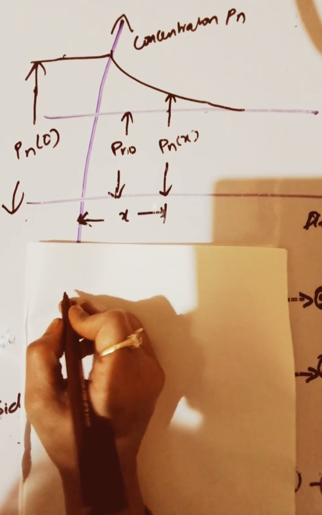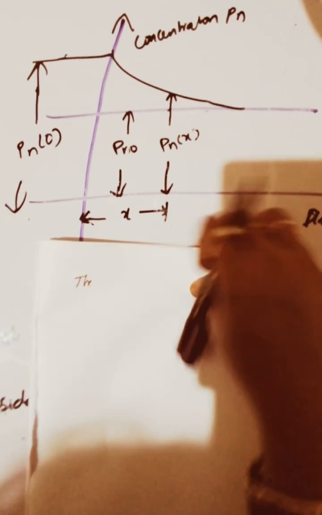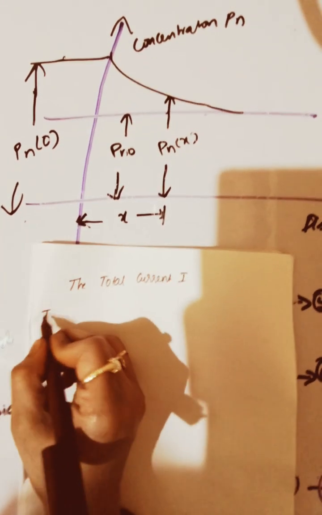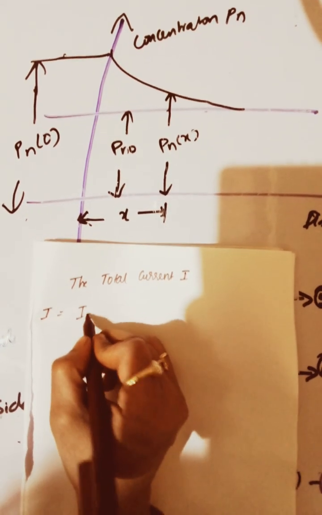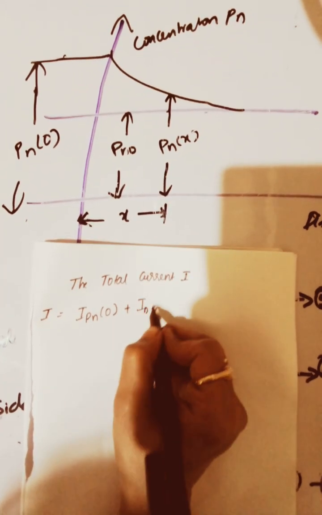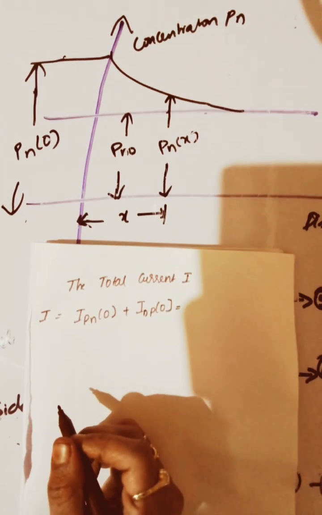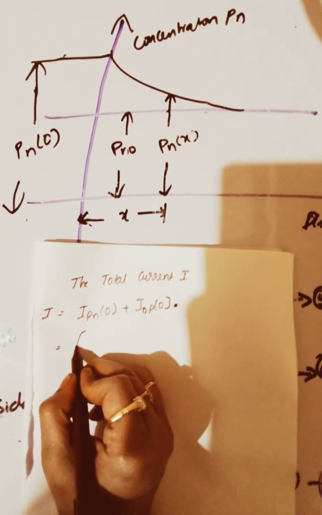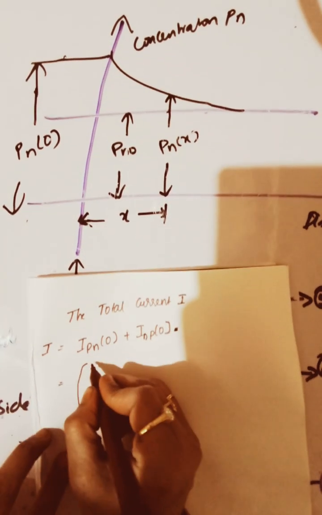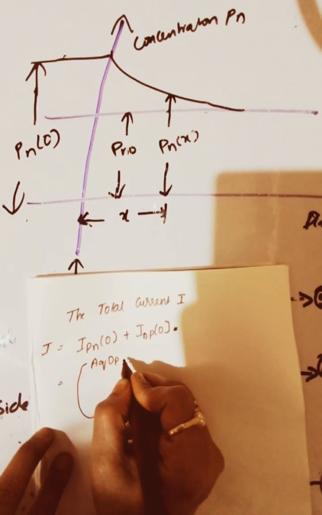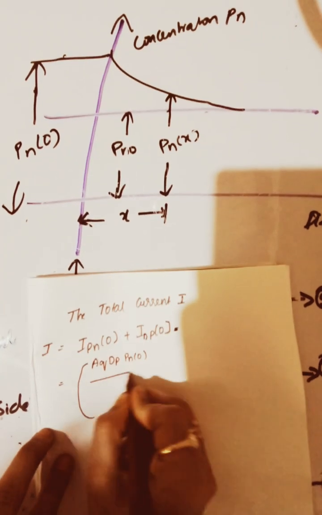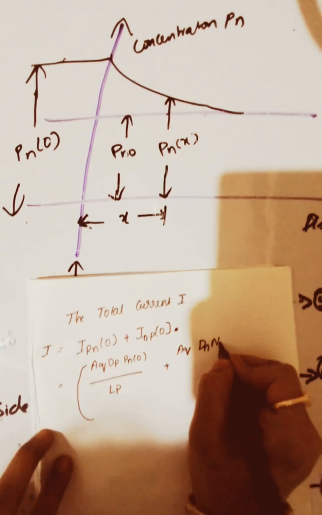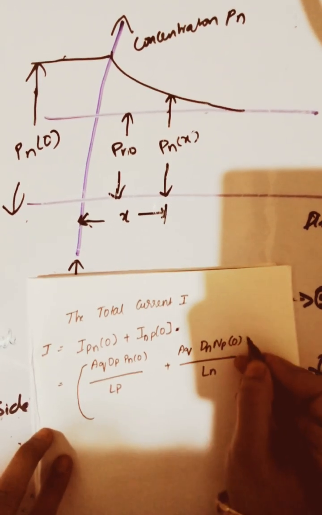Now the total current I is equal to I_pn of 0 plus I_np of 0, and we have to substitute in this one. I_pn is nothing but A q D_p P_n of 0 by L_p plus A q D_n N_p of 0 by L_n.